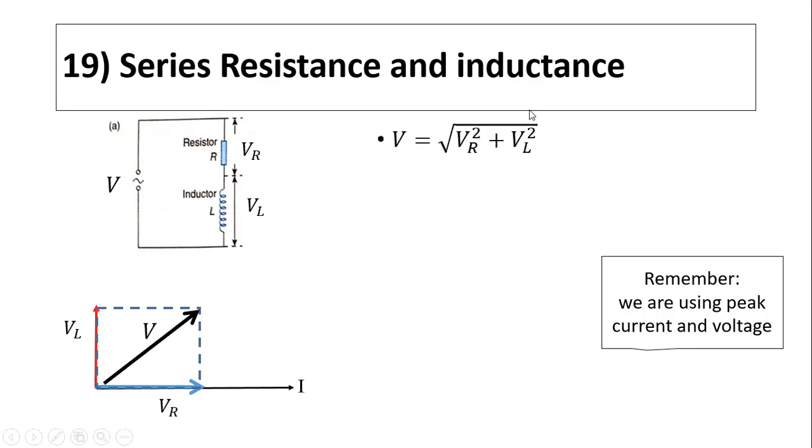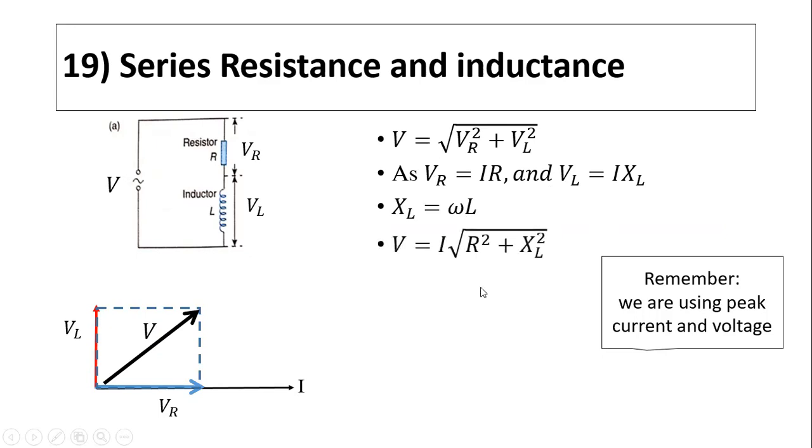That's where we stopped previously. Replace your VR by IR and VL by I XL. And remember your XL is omega L. Place it inside there, take the I out, take the square root of R squared plus XL squared. Then for impedance, take your I down, cross multiply the I to the other side.